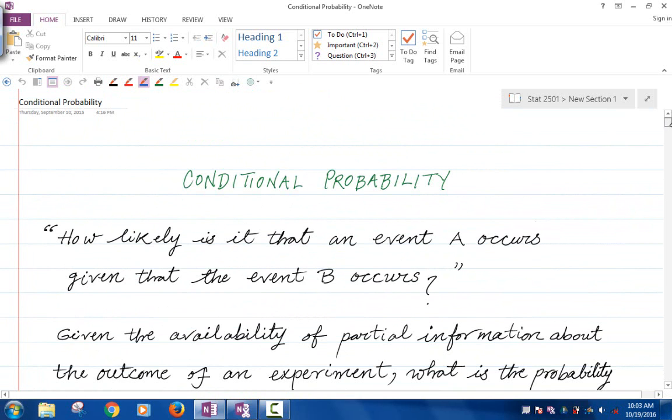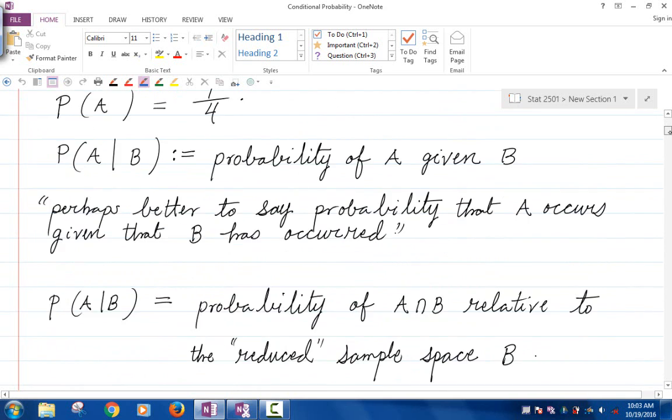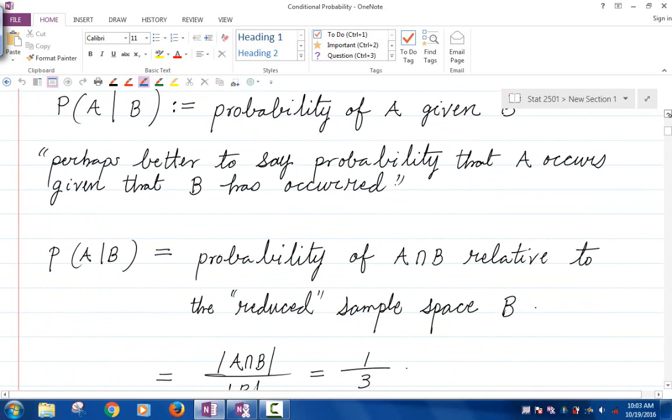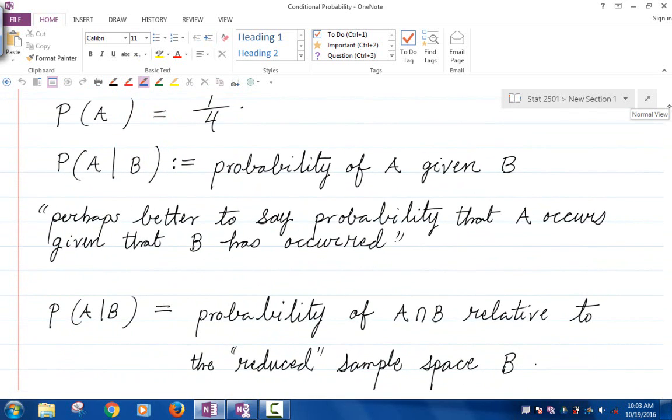We defined, we are using the notation P of A given B, so A with a vertical line segment B, that I'm going to read as A given B. So this is the probability of A given B, but more appropriately it is the probability that A occurs given that B occurs.